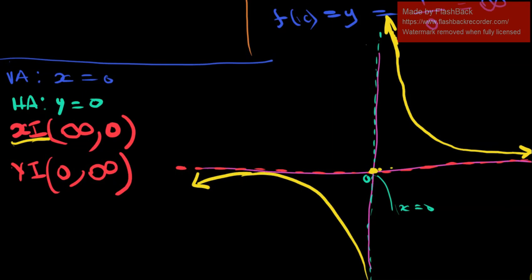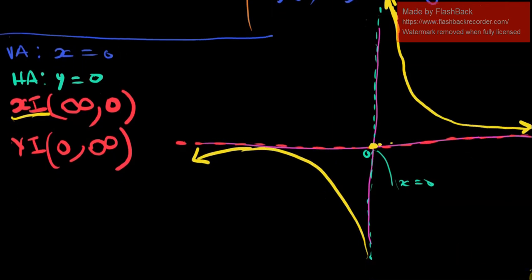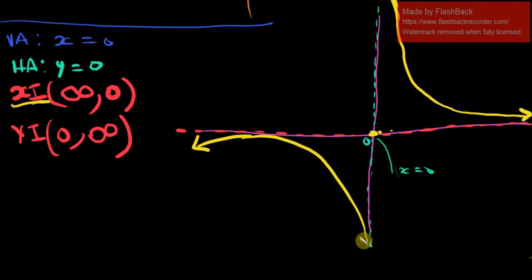But how sure am I that the second portion belongs in the third quadrant? We need to prove this. To do that, I will need points. Let me get a set of points from this side.